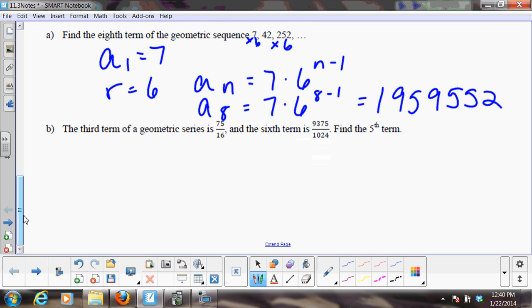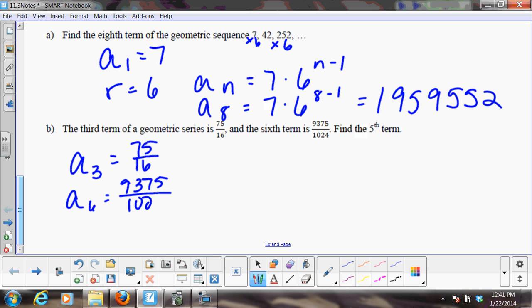Here we have the third term is 75/16. And the sixth term is 9,375 over 1,024. We want to find the fifth term. I'm going to use this to get to the sixth term.